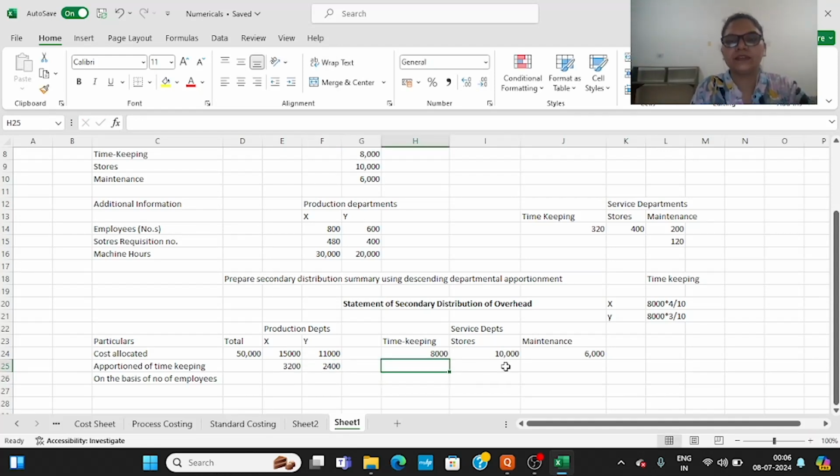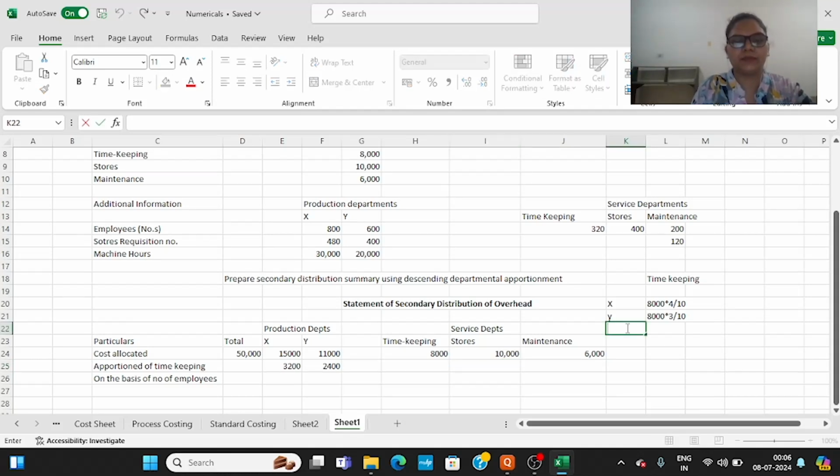Next is stores department. In stores department, the ratio is 2, which we have already discussed.